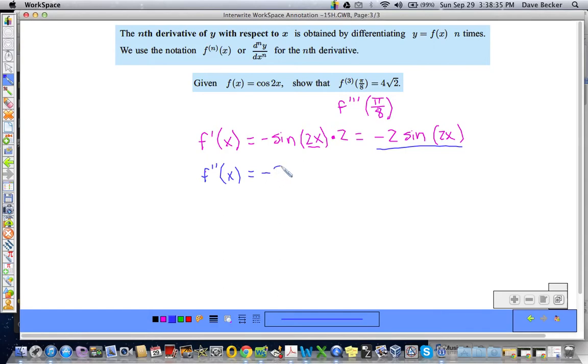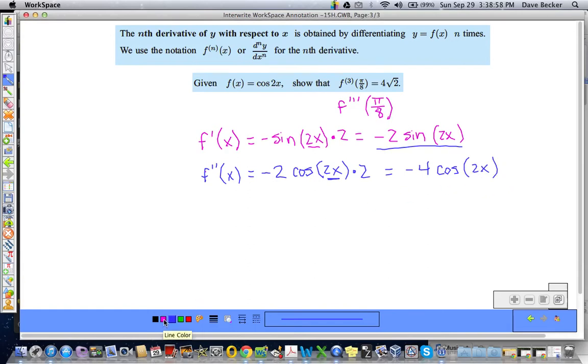So that's going to be negative 2 cosine of 2x times the derivative of the inside here. So again, derivative of 2x is times 2. We clean that up, and that becomes negative 4 cosine of 2x.